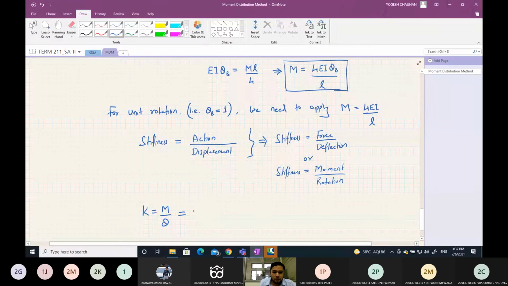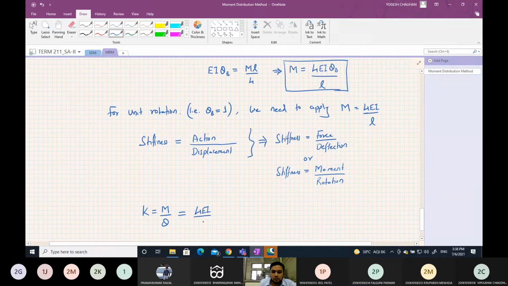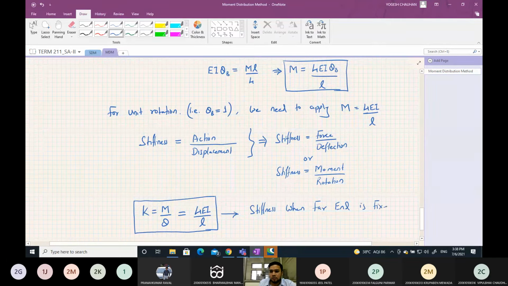So here it will be 4 EI by L. So this is the formula for stiffness when far end is fixed. Okay, when the far end is fixed, the stiffness is given by 4 EI by L.